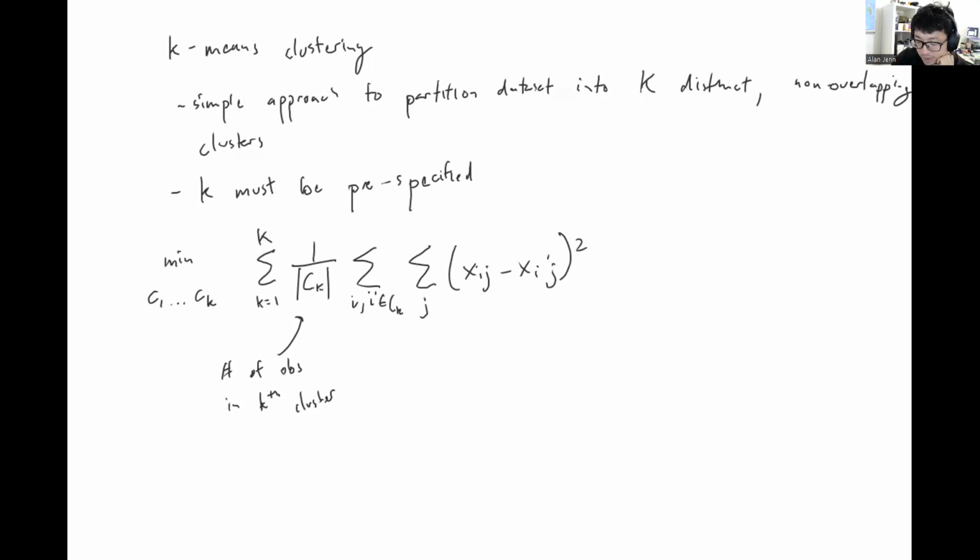So let me describe how this works. We have some algorithm. Step 1: randomly assign a number from 1 to K to each observation.